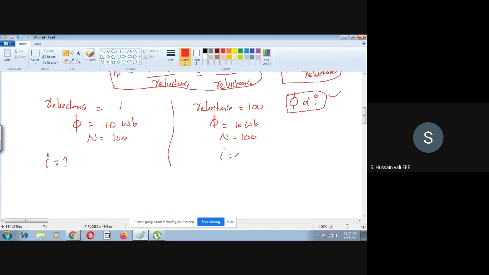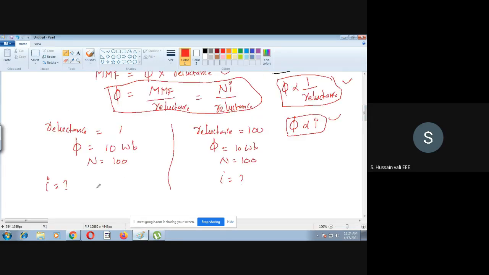Using the equation phi is equal to N I by reluctance: 10 equals 100 into I divided by 1 in this case, whereas in this case 10 equals 100 into I divided by 100.